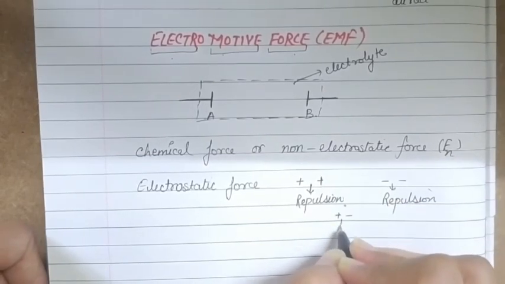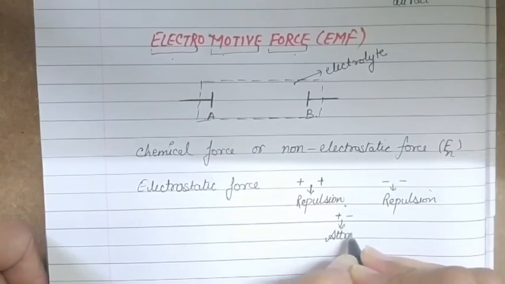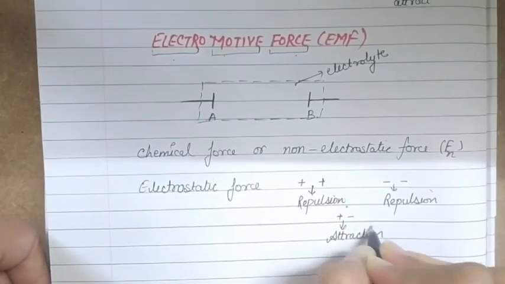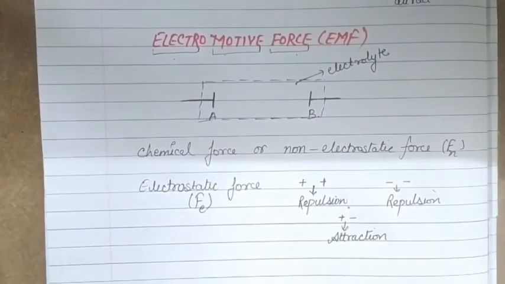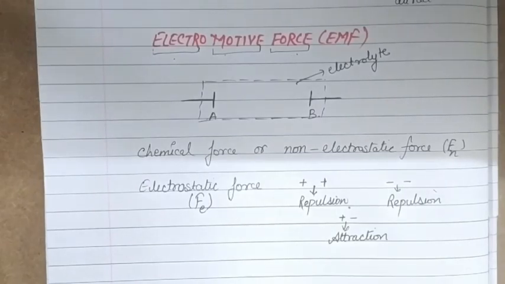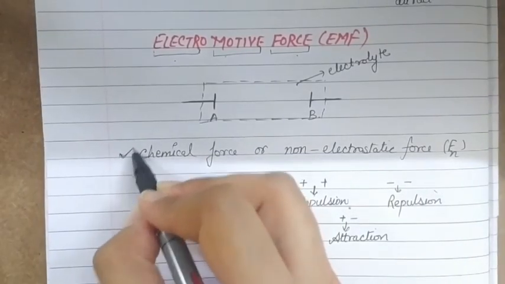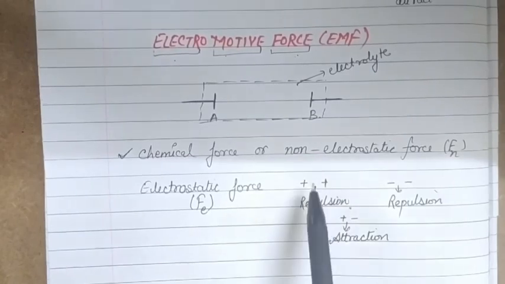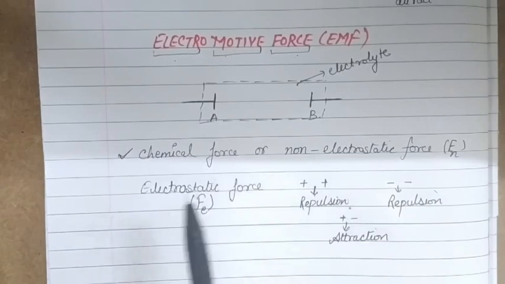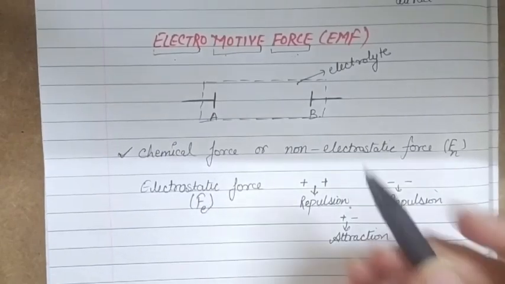If one is positive and the other negative, then attraction. Okay, this is the nature of electrostatic force. I consider it as Fe. But here the force that exists inside the battery due to chemical reaction is chemical force Fn, which is opposite to electrostatic force. It means it will show a force where positive moves towards positive and negative moves towards negative.